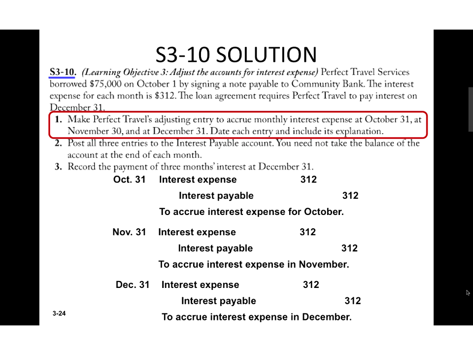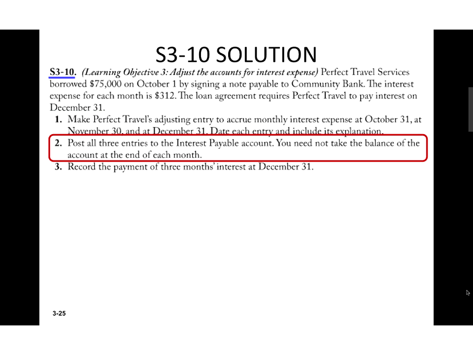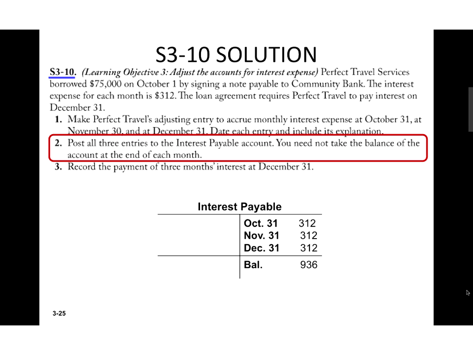So then, requirement 2 tells us to post all 3 entries to interest payable. We're going to have a T account, and interest payable, October 31st gets $312, November 30th gets $312, and December 31st gets $312. The total then is $936, and it's on the credit side because we credited that.